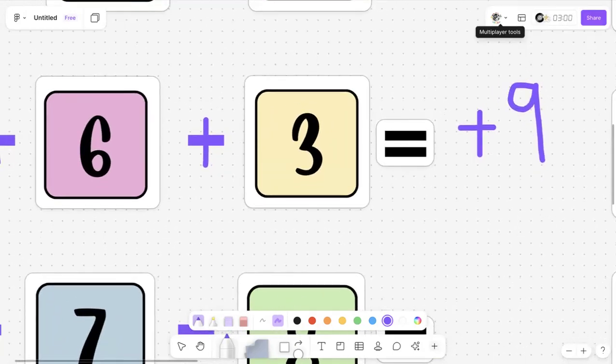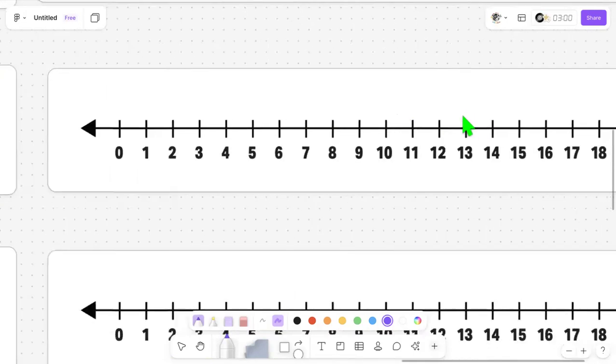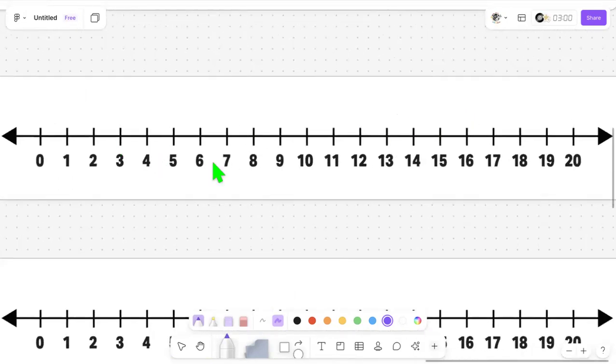So let's see if that is true if I move to my number line. This time I'm going to start at +6 and I want to move 3 spaces to the right. 1, 2, 3. And that allows me to arrive at +9.